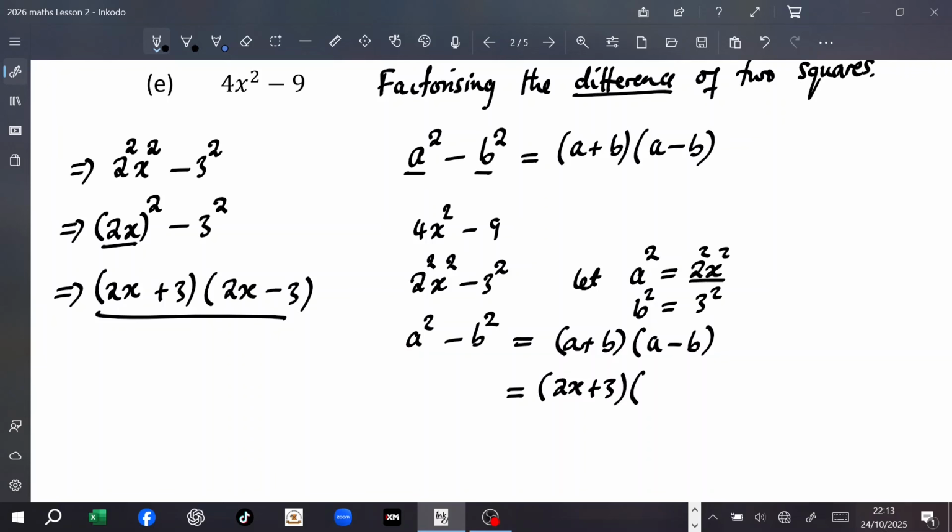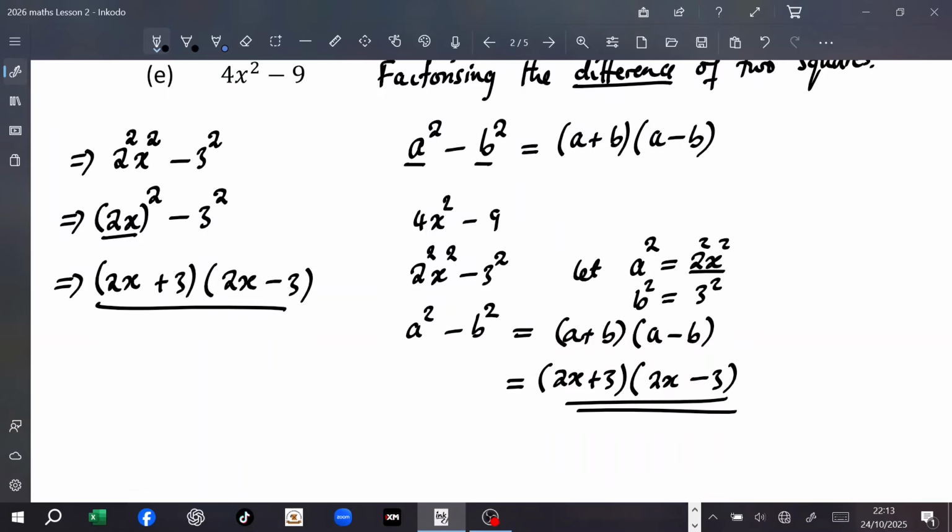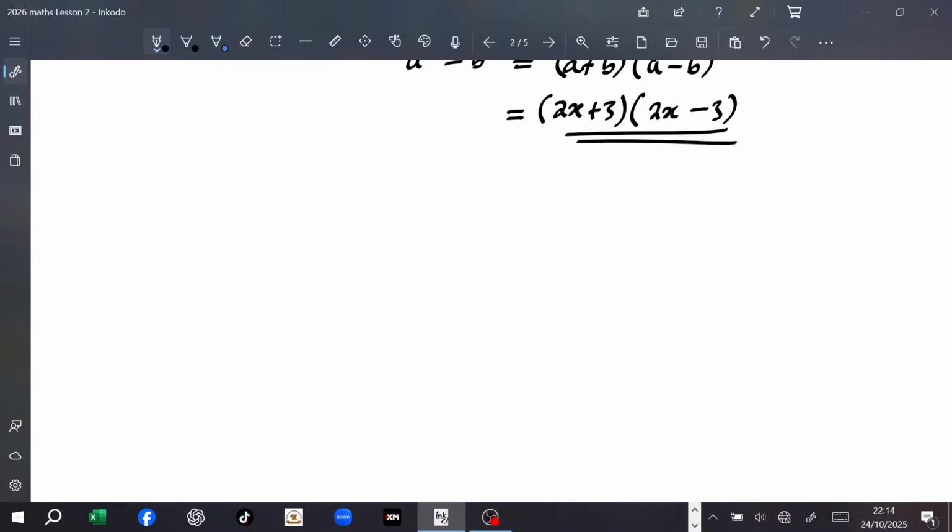Open brackets again: where there's a without a square, 2x, then minus, then b without a square, you put 3 without a square. So that is going to be the answer, just like the first one. Okay, so this is how you deal with the difference of two squares. Okay, so we go to the next example.